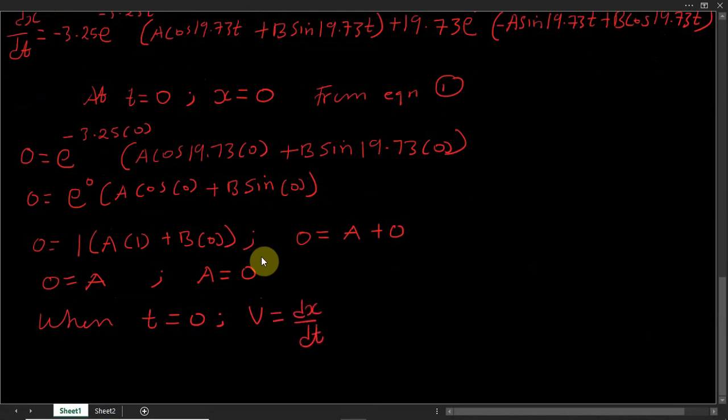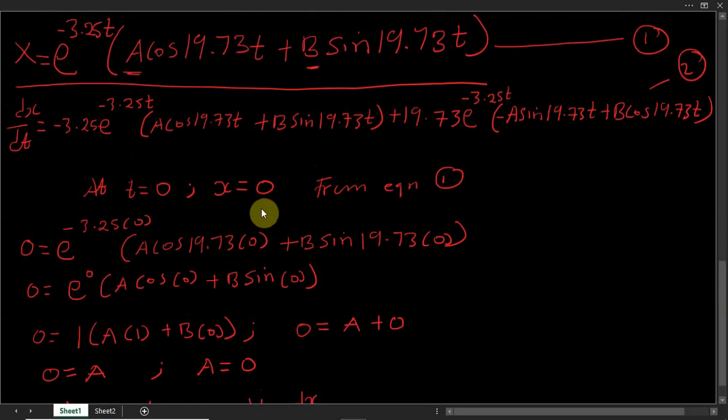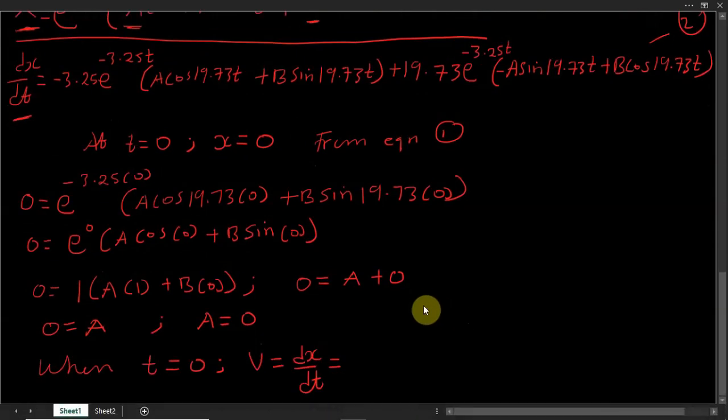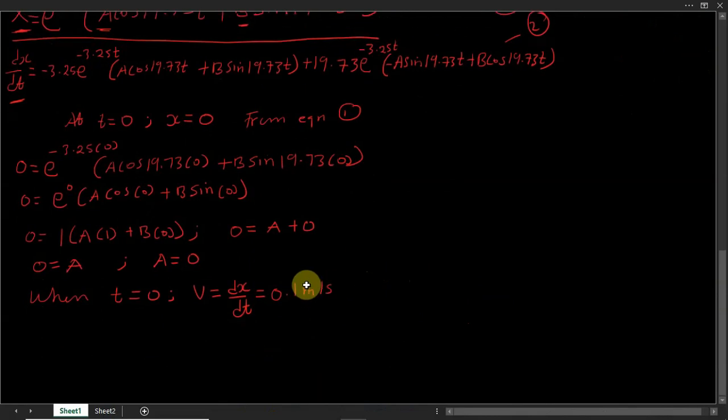Whenever you differentiate a displacement, you get a velocity. And they're saying that the velocity is 0.1 meters per second. So we are going to substitute the velocity into equation 2 to evaluate our second constant b.